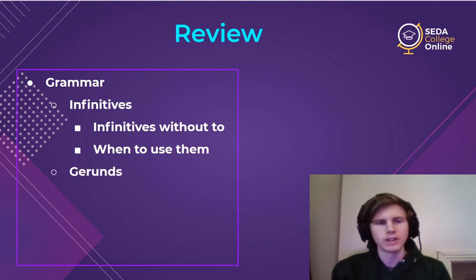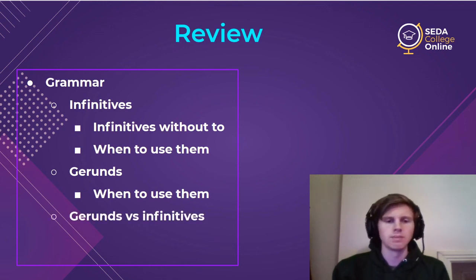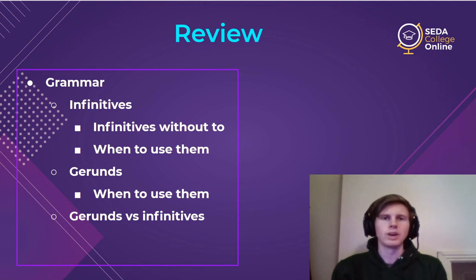We also talked about gerunds, and we talked about when to use them. So after prepositions, as subjects, as objects, and then again after certain verbs. So we can see we had all of those different situations for each of those. And then we compared gerunds to infinitives, and so this is verbs where they change meaning.